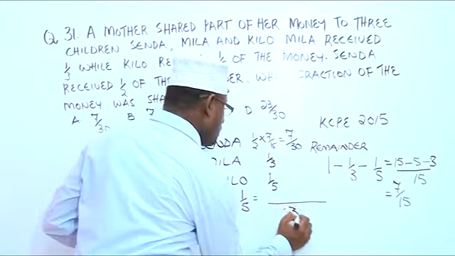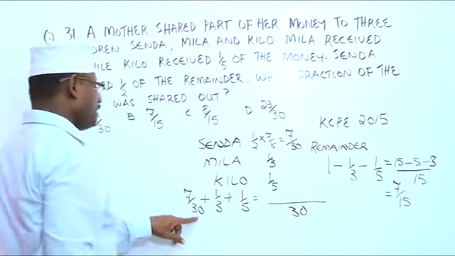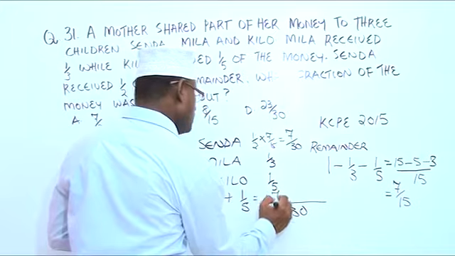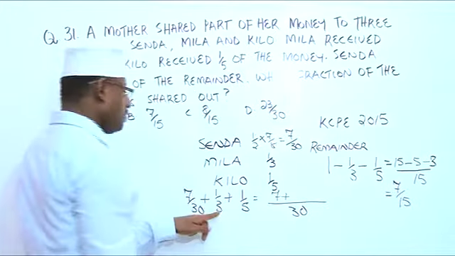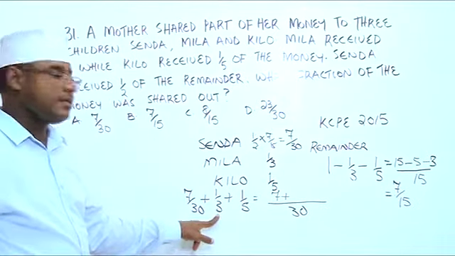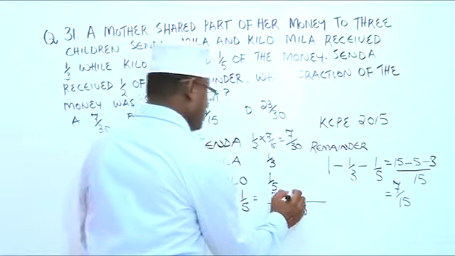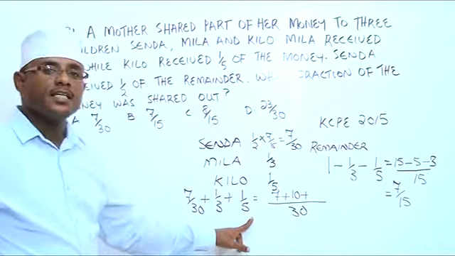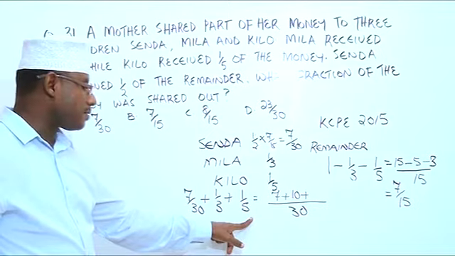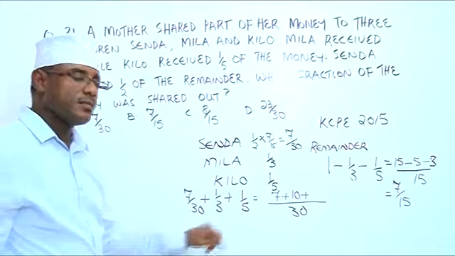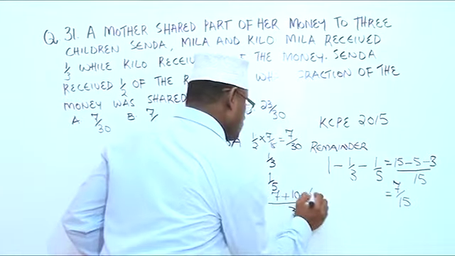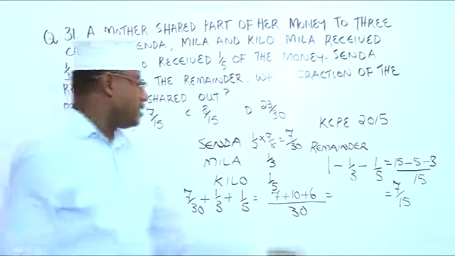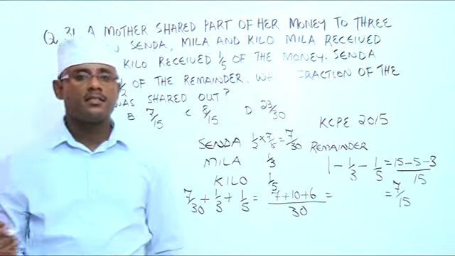So 30 divided by 30 is 1 times 7 is 7 plus 30 divided by 3 is 10 times 1 is 10 plus 30 divided by 5 is 6. 6 times 1 is 6. So 7 plus 10 is 17. 17 plus 6 is 23.